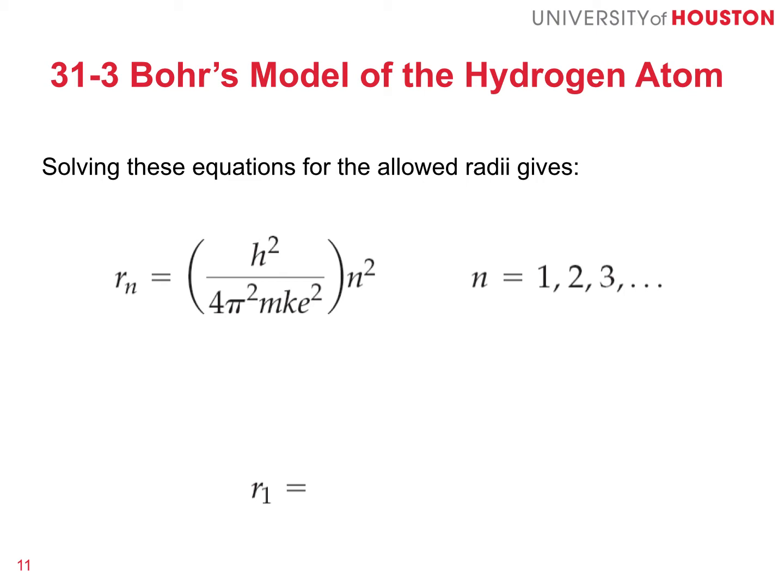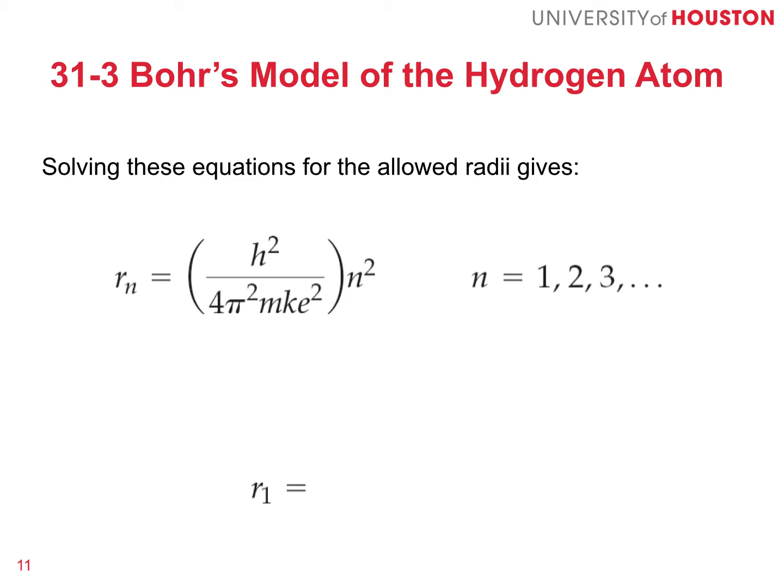Solving the previous equations gives us an equation for the radii in terms of n, which again can be any number that is an integer, and the radius Rn is equal to h squared divided by 4 pi squared m k e squared times n squared.